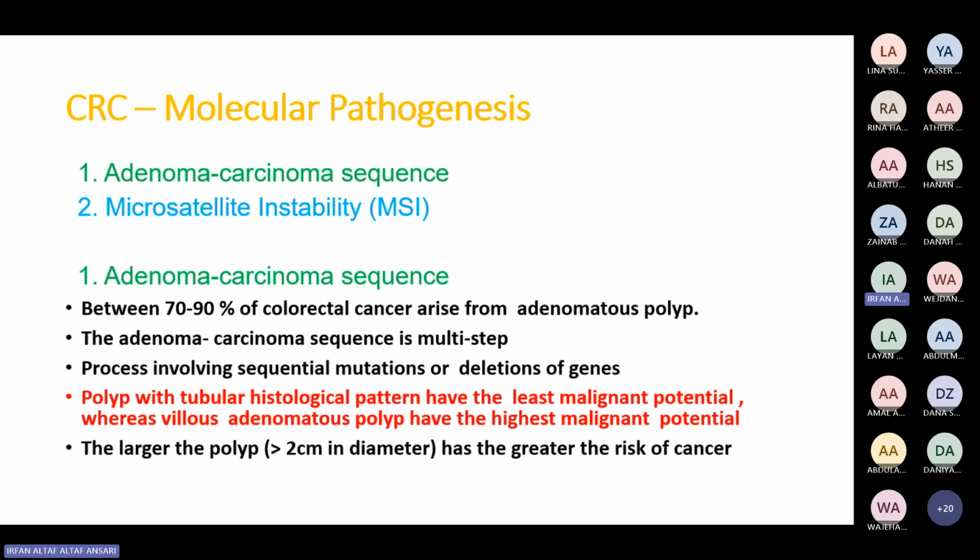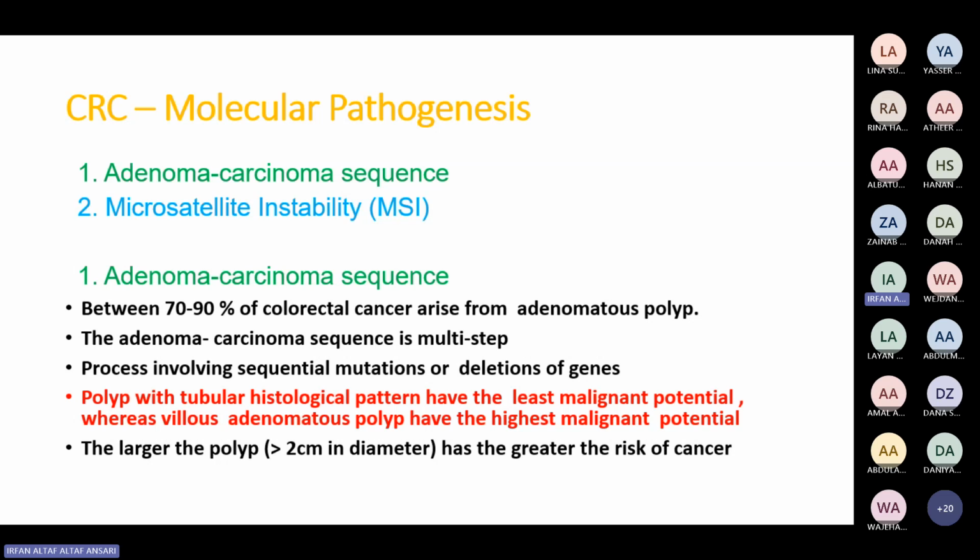They usually have hyperplasia, adenoma, and they go on to formation of carcinoma. This adenoma-carcinoma sequence is multi-step and very well researched and documented, and the role of every gene is very well researched and explained.